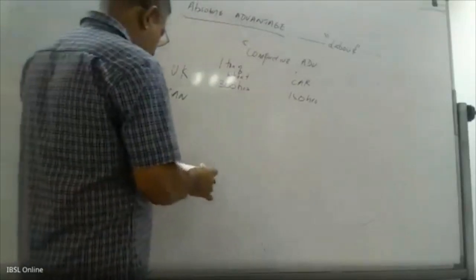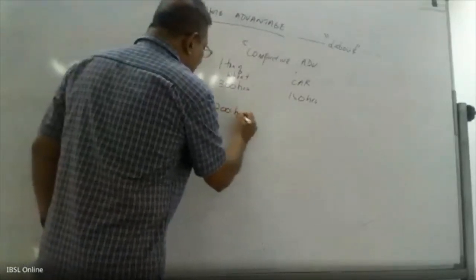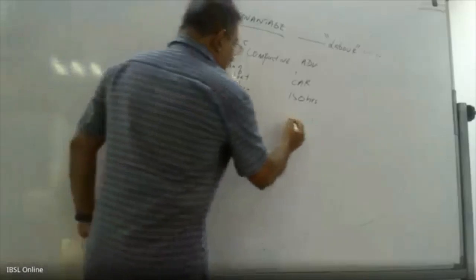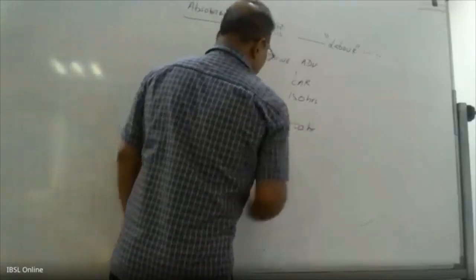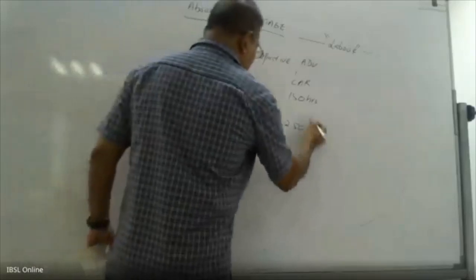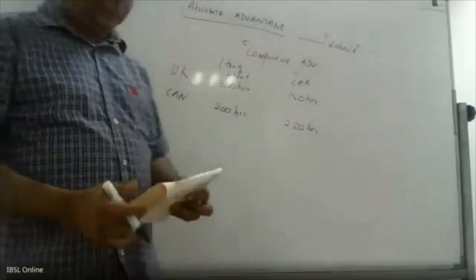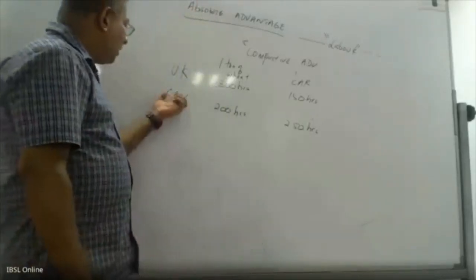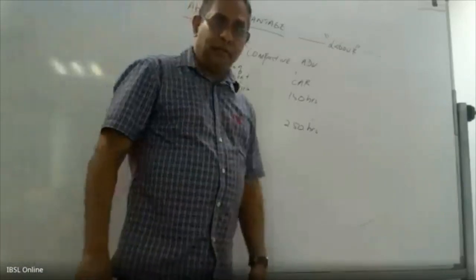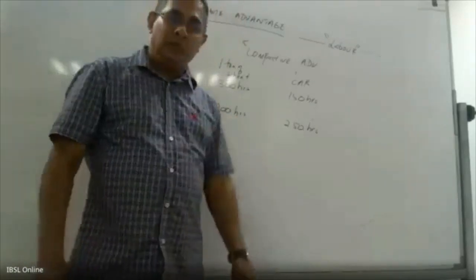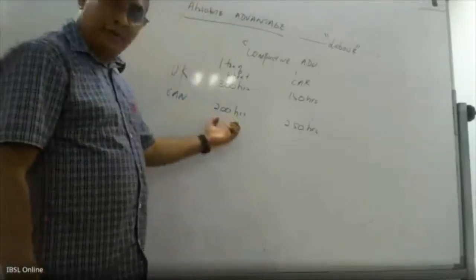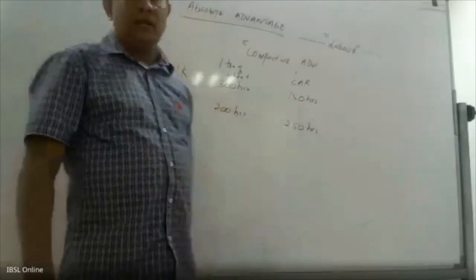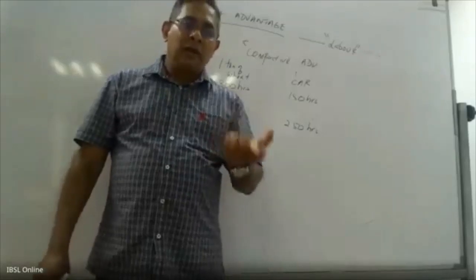And Canada consumes only 200 hours to produce 1 ton of wheat, and takes 250 hours to produce 1 car. Now you see, Canada has an absolute advantage in producing wheat because it takes only 200 hours. And the UK has an absolute advantage in making cars. It takes only 150 hours.